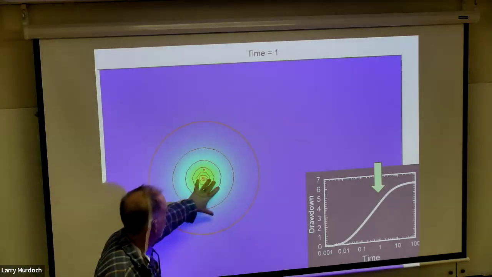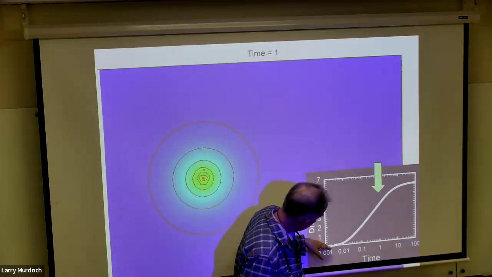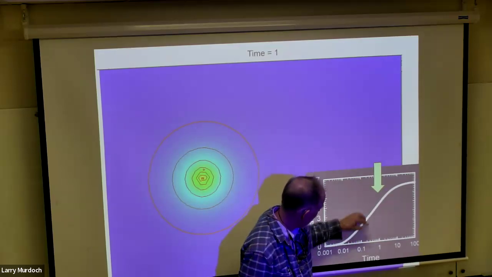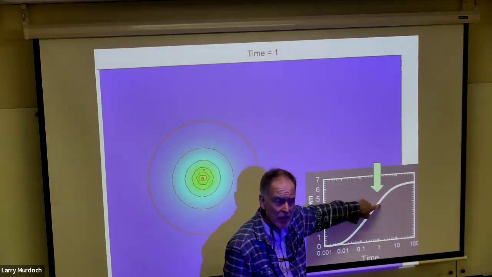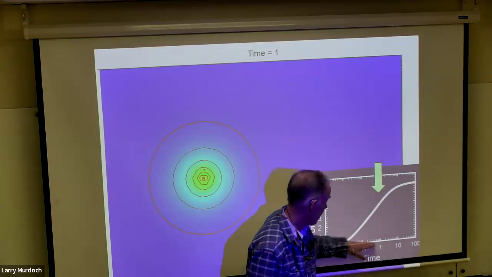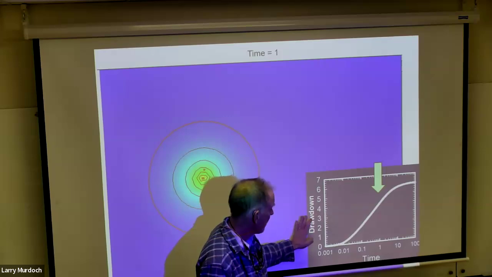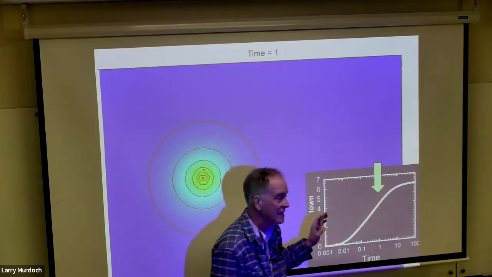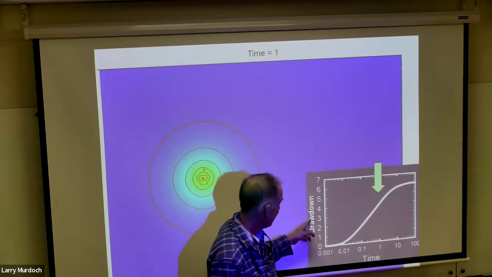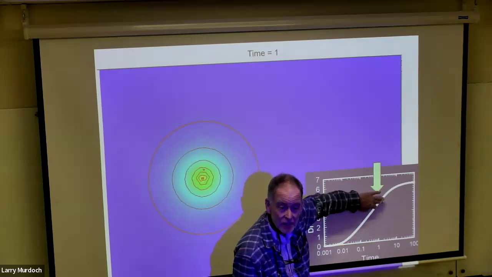It's still circular here. What we see here is that it's flat and then it starts to curve up. And then in this part here, it's a straight line. This is a log scale. This is a linear scale. So this is a semi-log plot, and it's forming a straight line on a semi-log plot. That means that the drawdown is a logarithmic function of time, where it's straight like this.